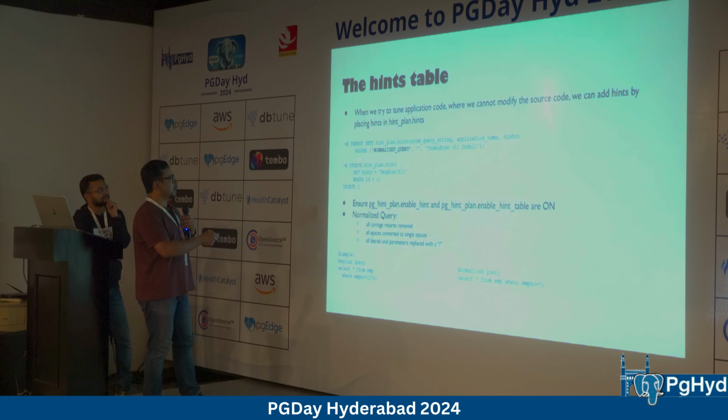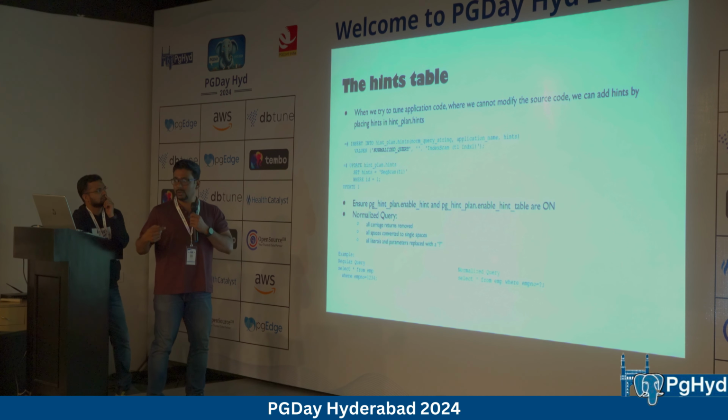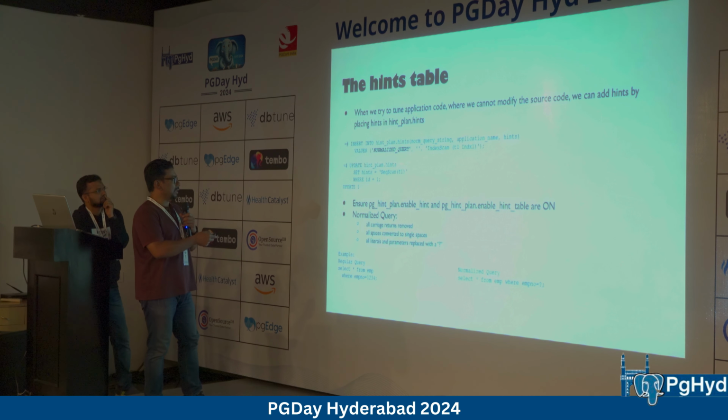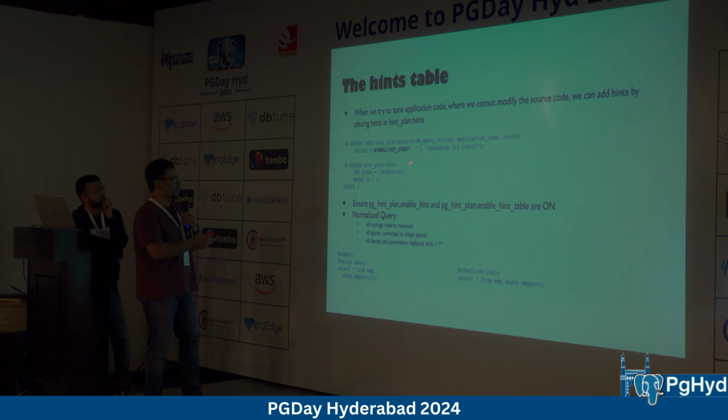So here you see, we did an insert, and later on, if you want to modify it, you just do an update. If you want to change an index scan to a sequential scan, you can just do it. The thing to note is that the query needs to be a normalized string and not the original query that the application is using. So what is a normalized query string?